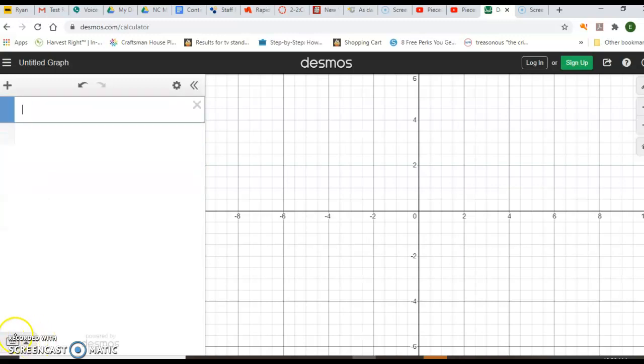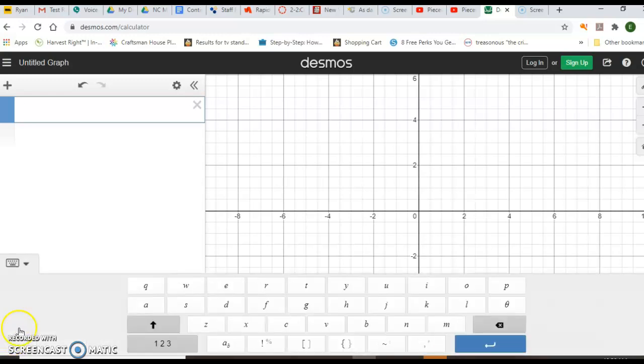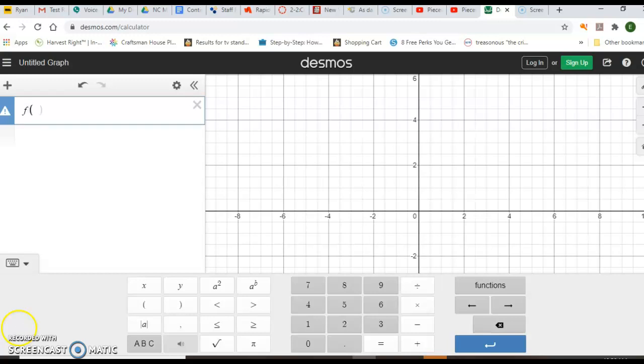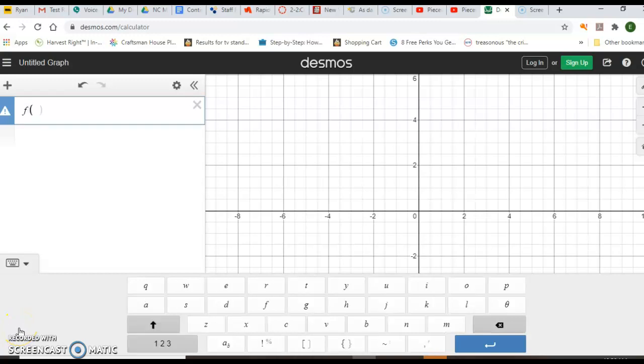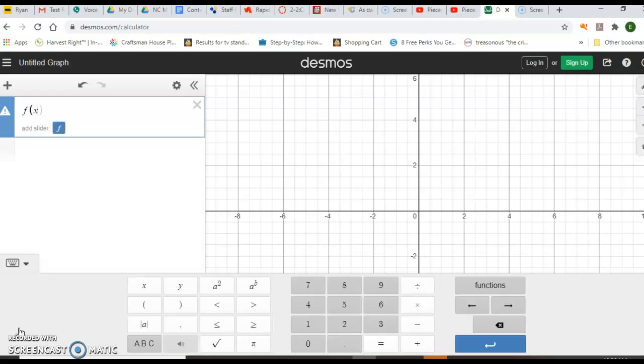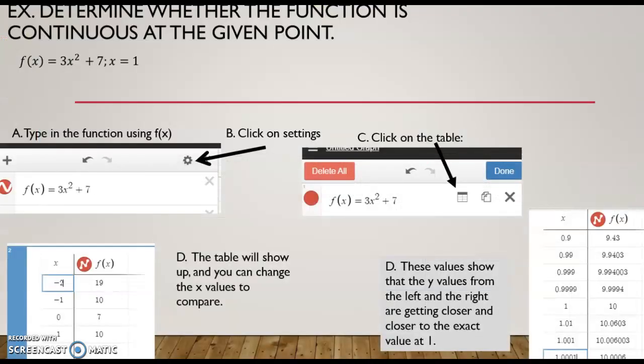Okay? So, f of x equals, and this was 3x squared plus 7.